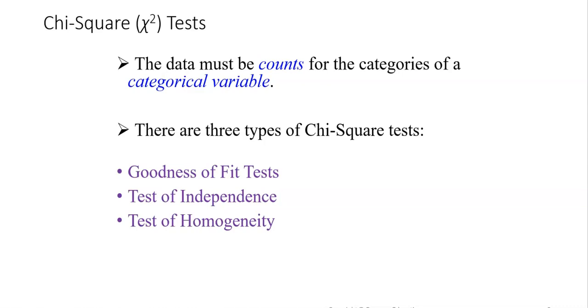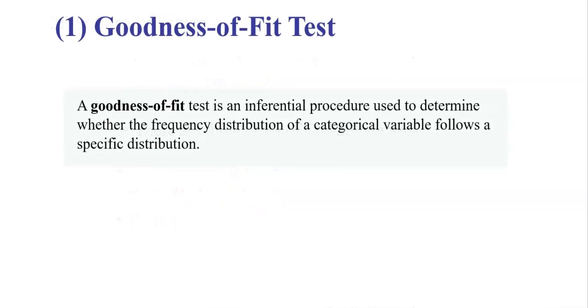There are three types of chi-square tests: goodness of fit test, test of independence, and test of homogeneity. Let's start with goodness of fit test. A goodness of fit test is an inferential procedure. So it makes an inference about a larger population using sample data.